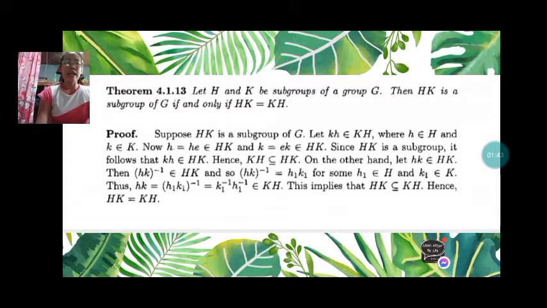This implies that HK is a subset of KH. Hence, HK is equal to KH. So, this is how we prove that HK is equal to KH.